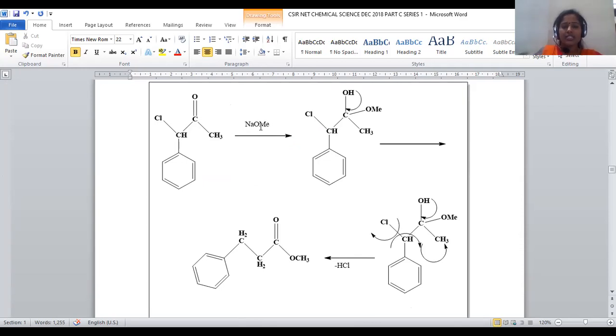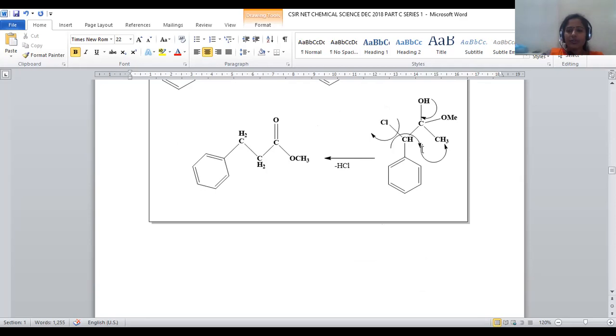Sodium methoxide, oxygen is a strong nucleophile, involved in nucleophilic addition at the carbonyl center. Here the nucleophilic addition reaction is carried out, and the lone pair of electrons on the oxygen will form the double bond. When double bond formation is possible, there is a rearrangement within the molecule. By the elimination of HCl, we will achieve the final product.